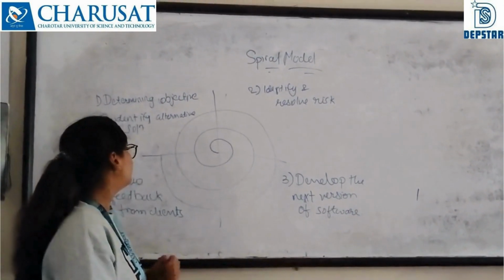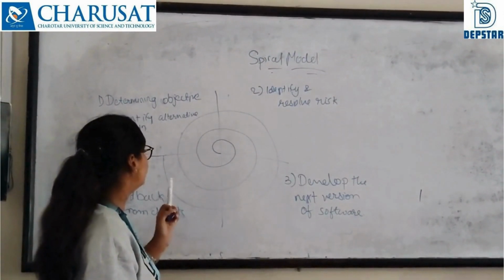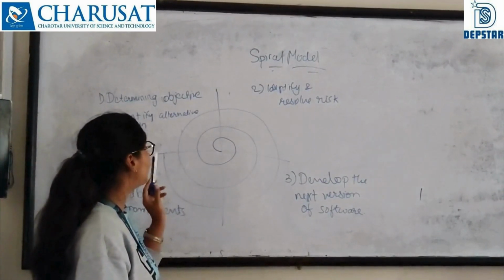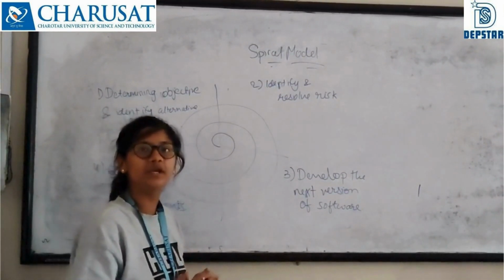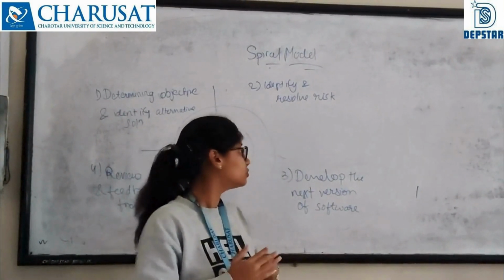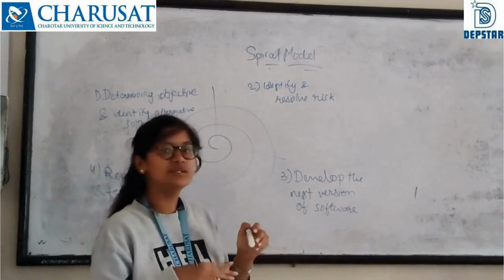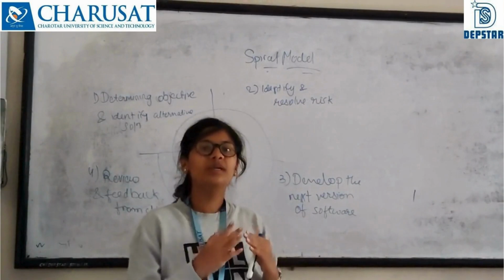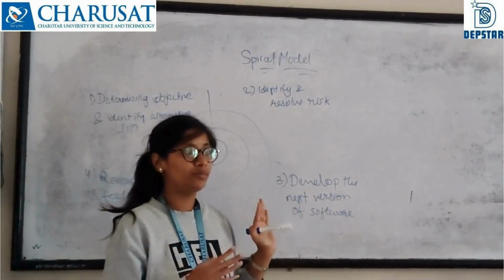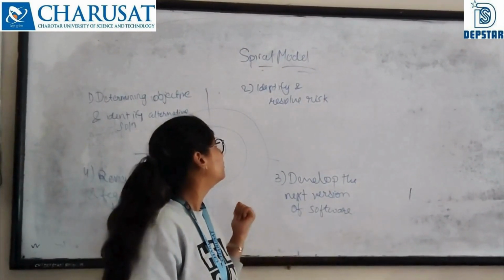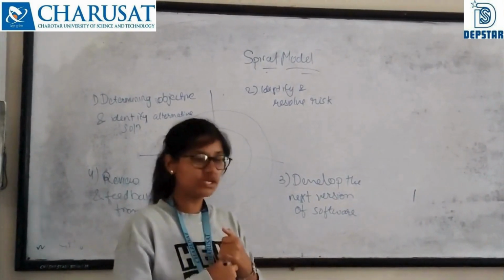So the number of spirals will increase the complexity of any particular project, and due to which the documentation of this particular project which is made with the spiral model will be challenging.